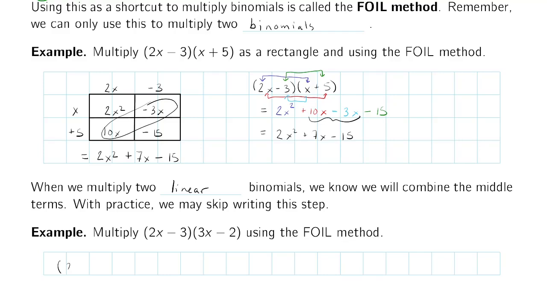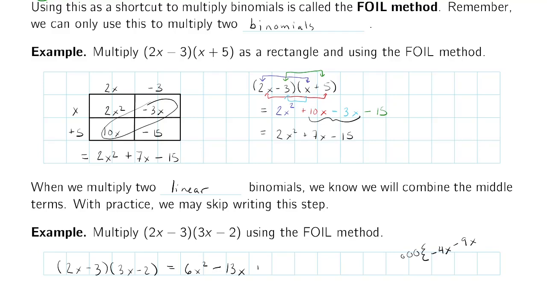So here we have 2x minus 3 times 3x minus 2. 2x times 3x is 6x squared. And then we're just going to think. We have 2x times negative 2 is negative 4x. Negative 3 times 3x is negative 9x. Negative 4 and negative 9, we have negative 13x.